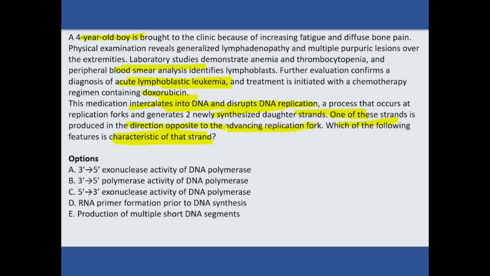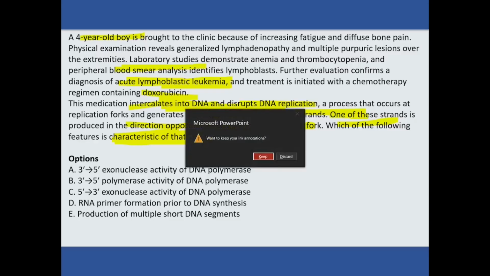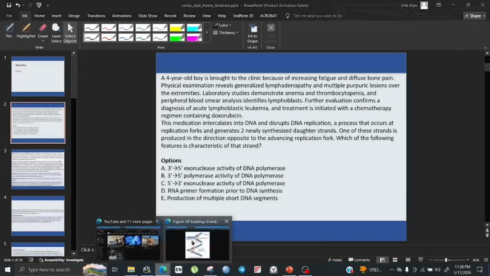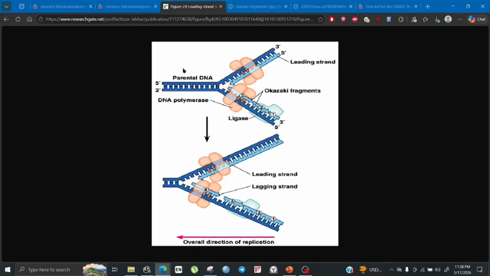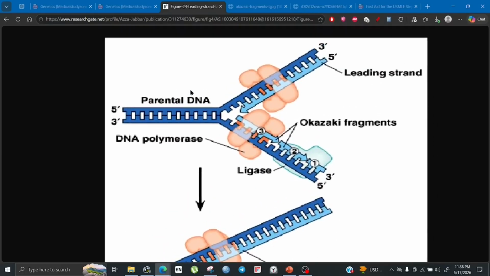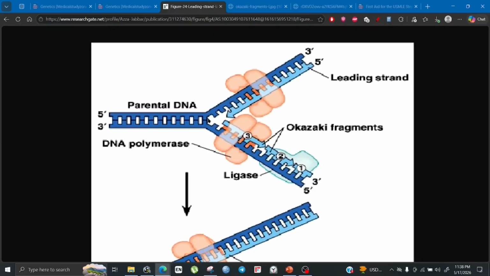There are two strands in the DNA replication process. So let me show you. This is the original DNA.